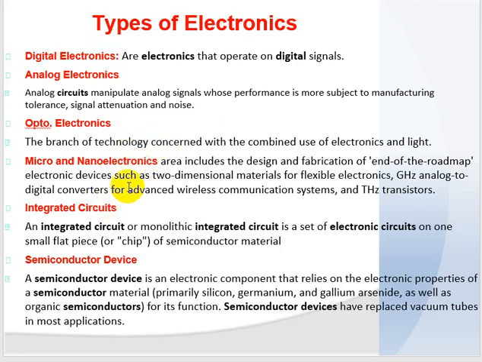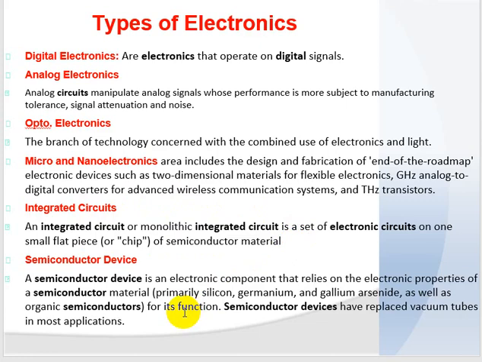Then micro and nano electronics includes the design and fabrication of end of the roadmap electronic devices such as 2D or two-dimensional materials for flexible electronics, gigahertz analog to digital converters for advanced wireless communication systems, and terahertz transistors. Then the fifth one is integrated circuits. An integrated circuit or monolithic integrated circuit is a set of electronic circuits on one small flat piece, also called a chip, of semiconductor material.